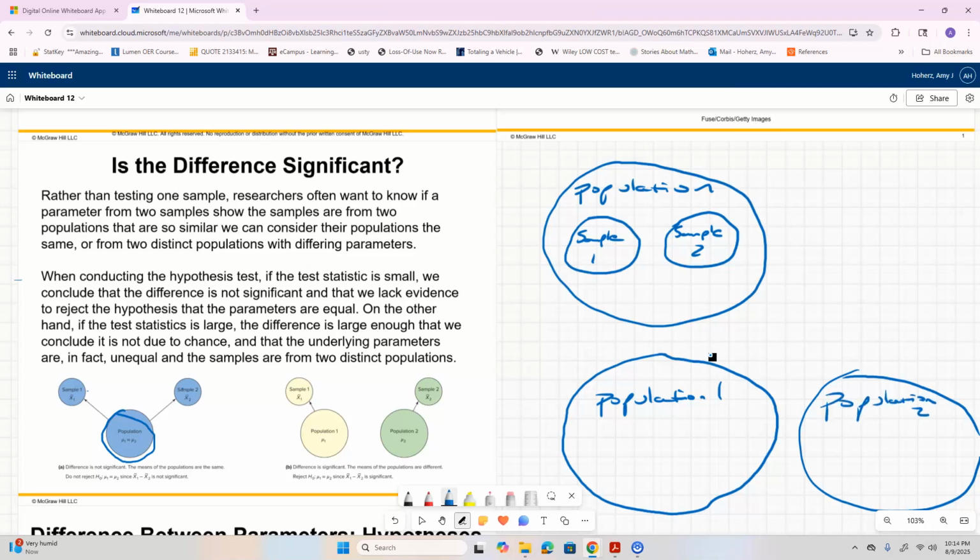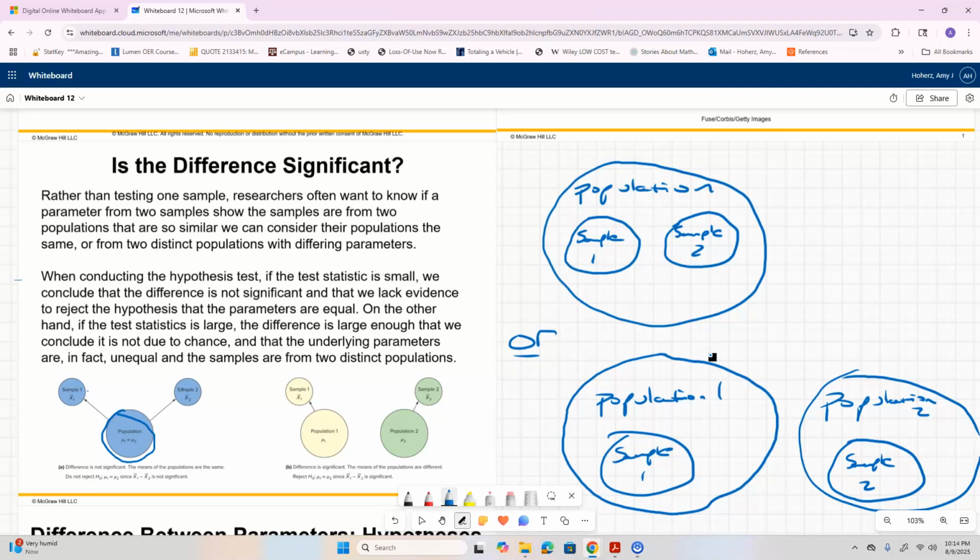That's why they're so different: sample 1 is from population 1 and sample 2 is from population 2, that they're not from the same population, that they are so different that they must be from two different populations.